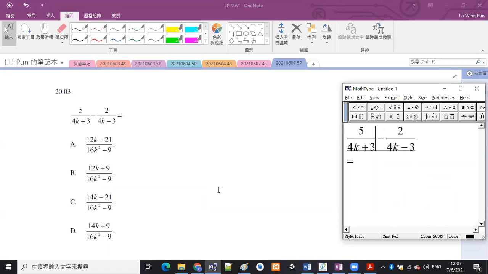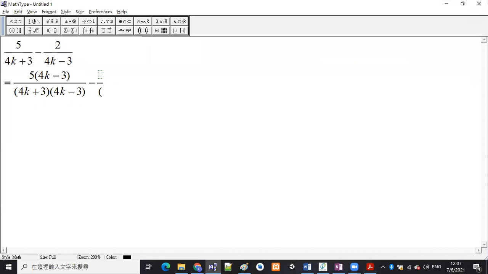Okay, then we just enlarge the fractions. So we have 4k plus 3 for the first fraction, and we do not have 4k minus 3. So multiply a 4k minus 3 to the top and to the bottom. And for the second fraction, we have 4k minus 3, and we do not have 4k plus 3. So multiply 4k plus 3 to the top and to the bottom. And then merge the two fractions together with the same denominator.